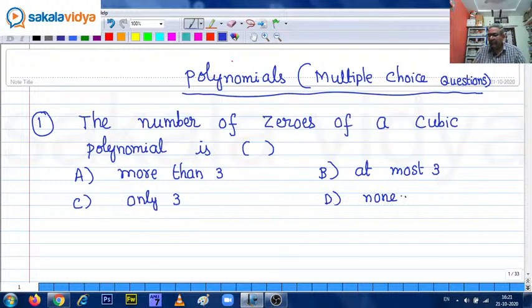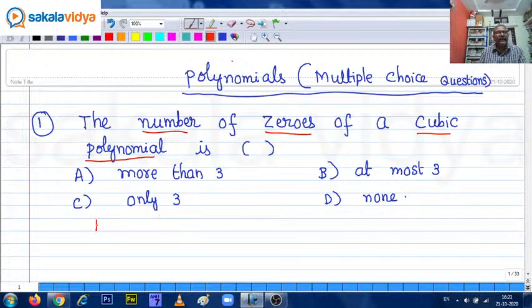Which is the right option? Let me read the question. The number of zeros of a cubic polynomial: more than 3, at most 3, only 3, none.